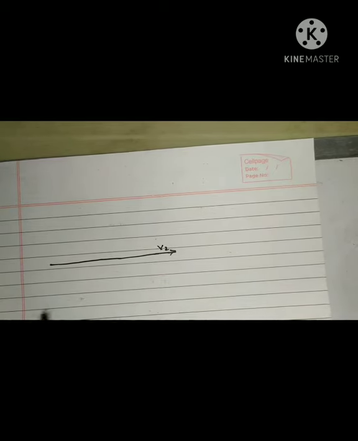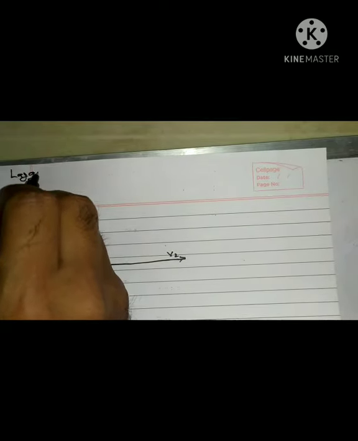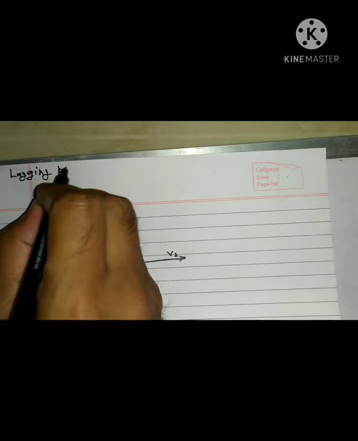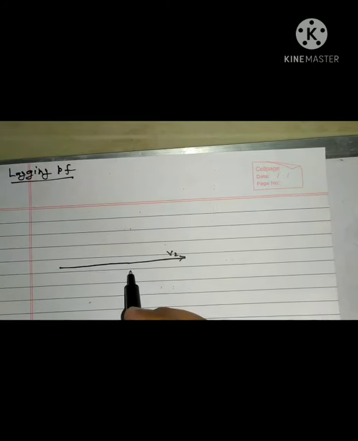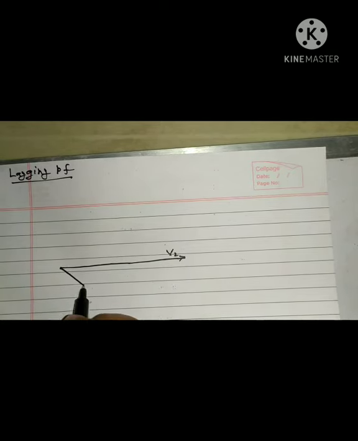Let me take load voltage, that is V2, as a reference. So this is V2. And if I take lagging power factor, then load current I2 will lag V2 by some angle phi 2.